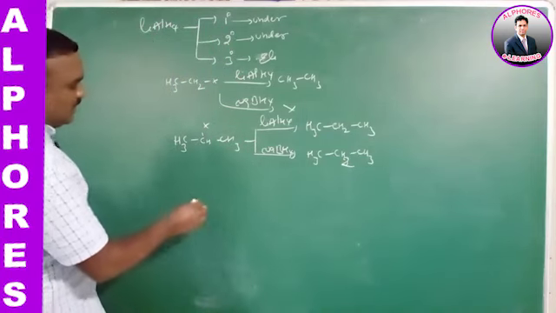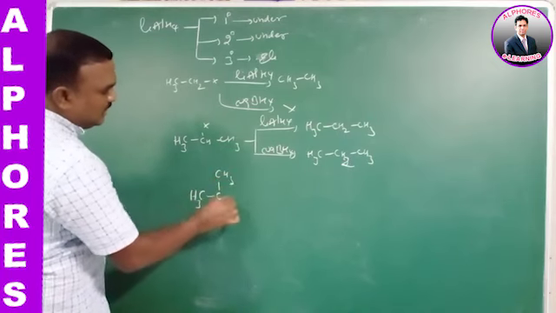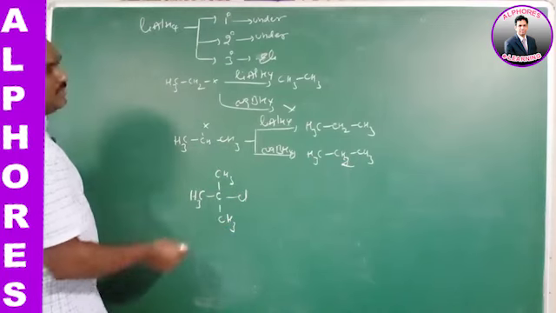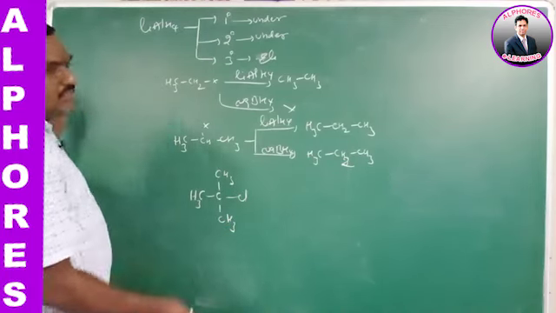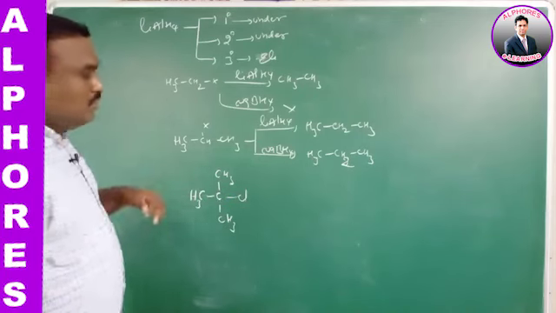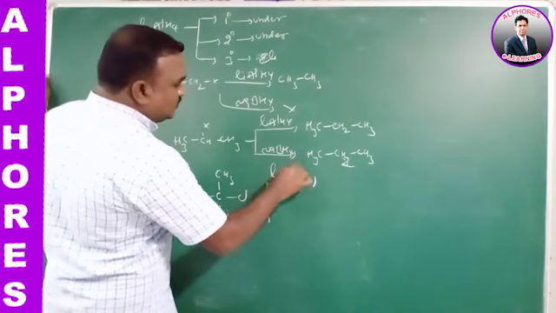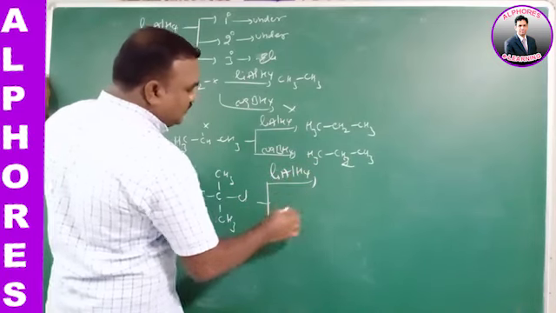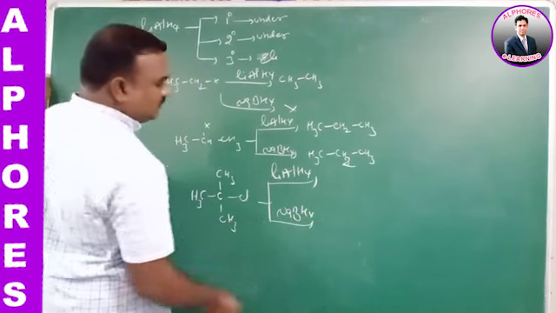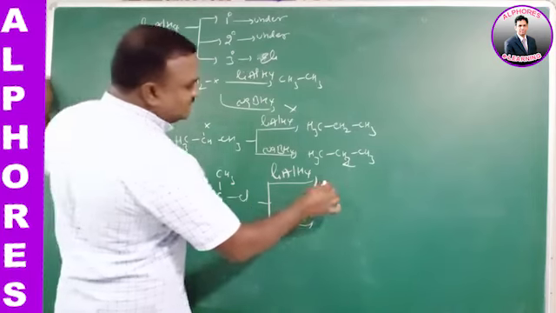Wherever tertiary alkyl halide is given, according to the reactivity order, tertiary is greater than secondary, which is greater than primary. If you take lithium aluminum hydride and sodium borohydride: with lithium aluminum hydride, elimination takes place in this case.